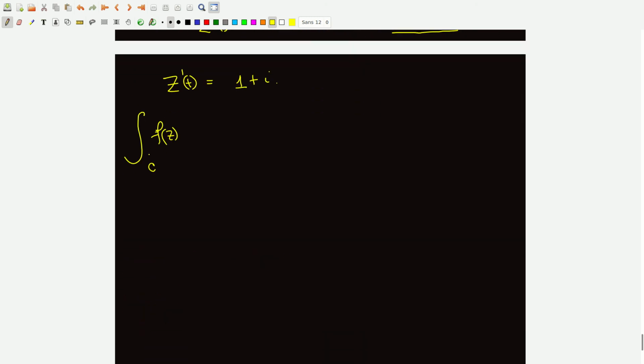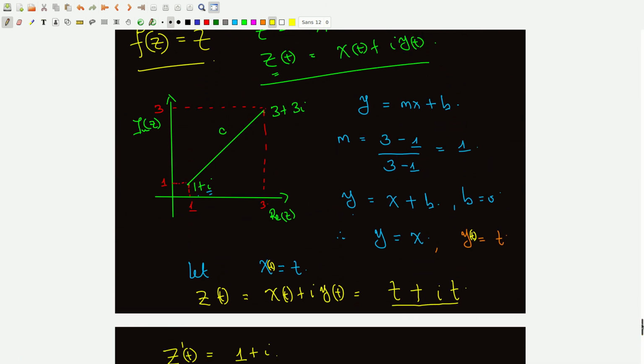So if we are integrating from that to that of dz, it is the same as integrating from t equals, since our independent variable is what we let equal t when we are parameterizing, that means that t takes on the values of x.